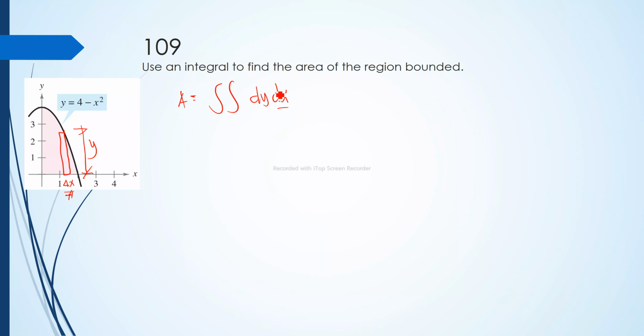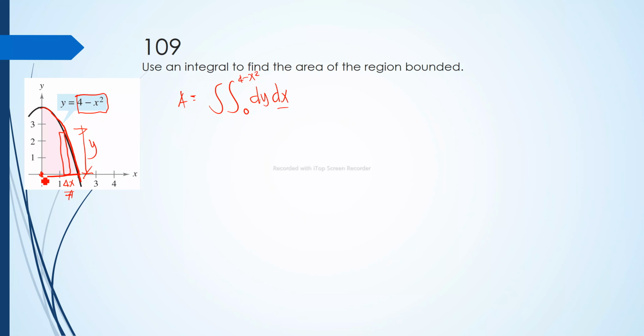What is the lower limit of dy? The lower limit of dy is 0. How about the upper limit? The upper limit is dictated by this curve. So the upper limit y is equal to, we have a formula here, 4 minus x squared. How about for the dx? What is our lower limit?